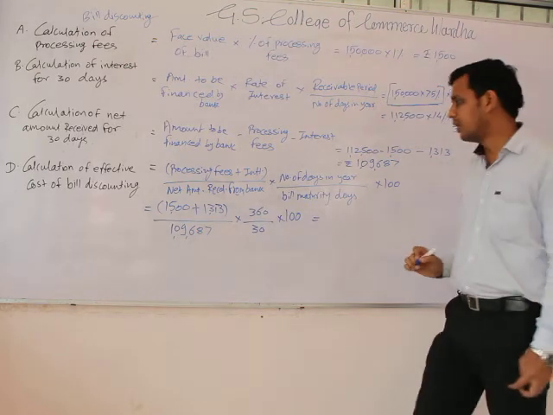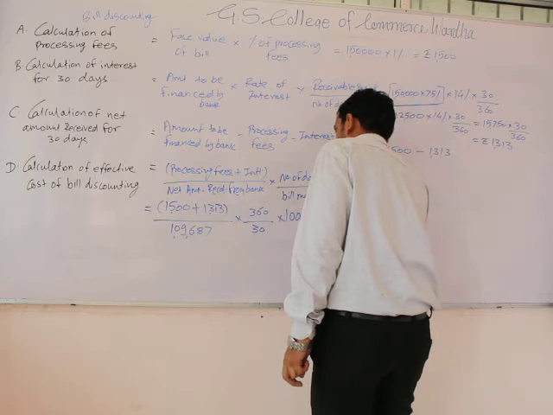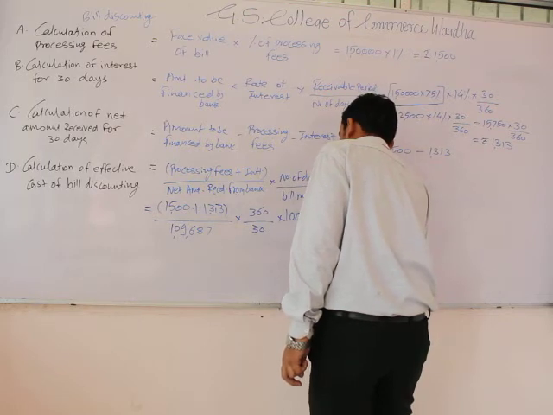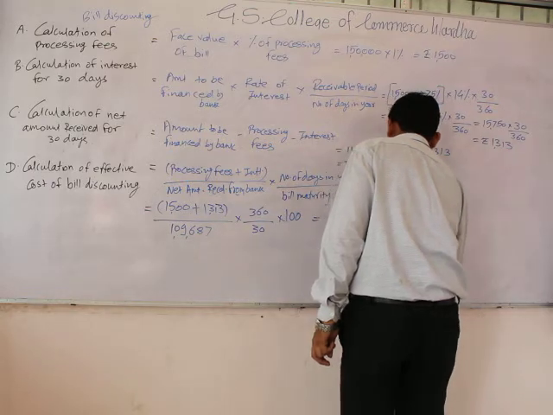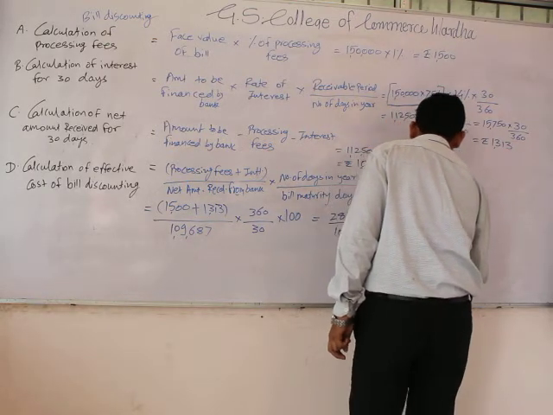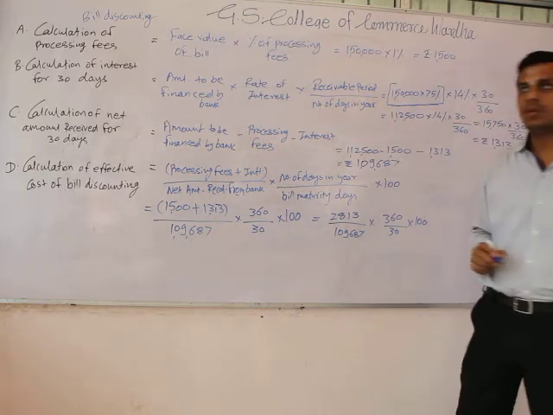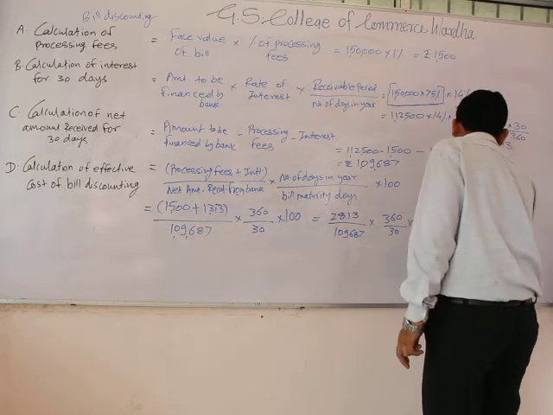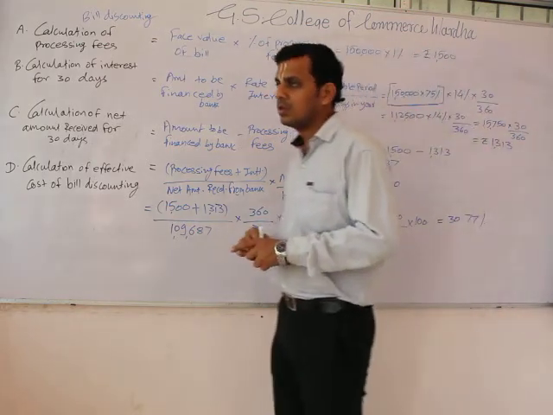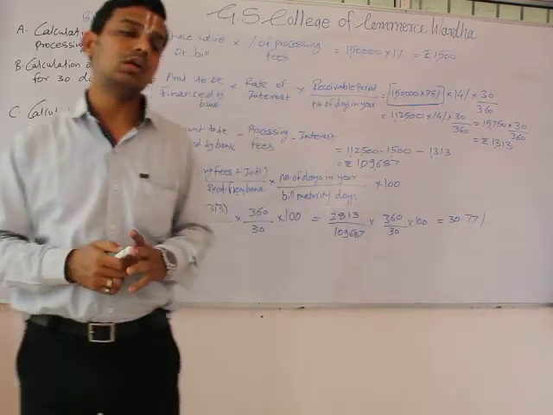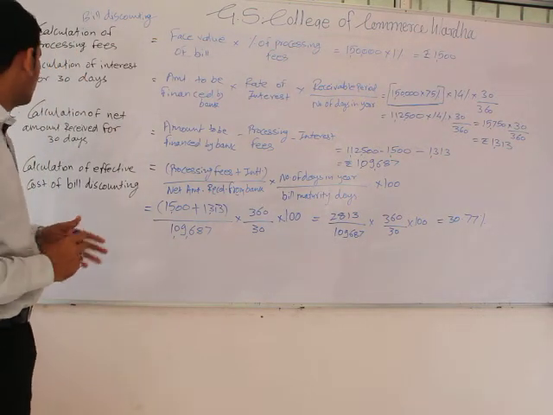So we simplify: 2,813 divided by 1,09,687, multiplied by 360 divided by 30, into 100, it would be equal to 30.77%. So this was the solution.